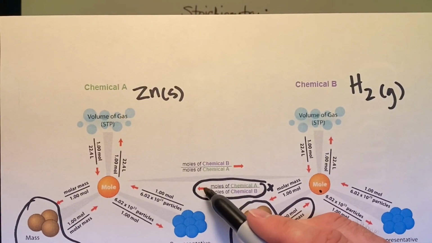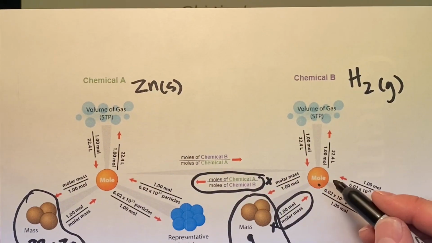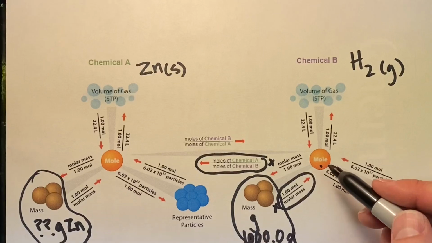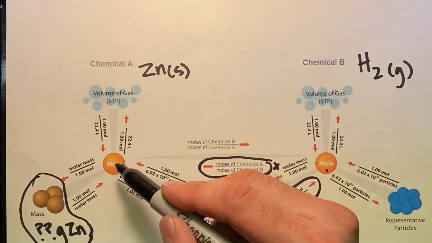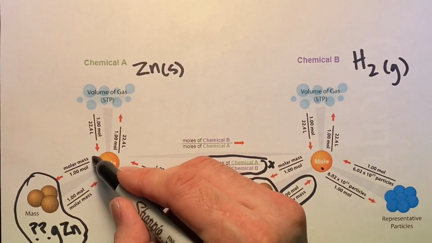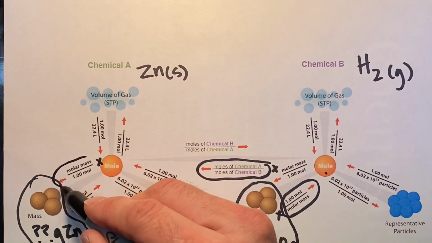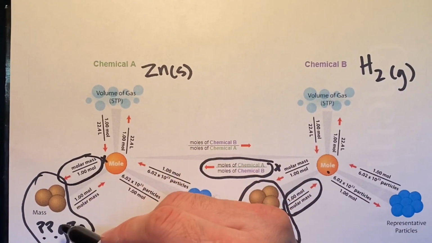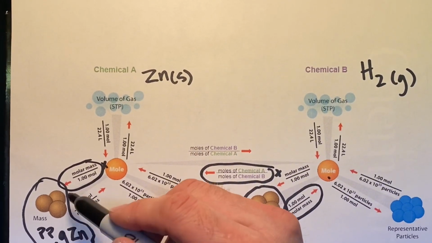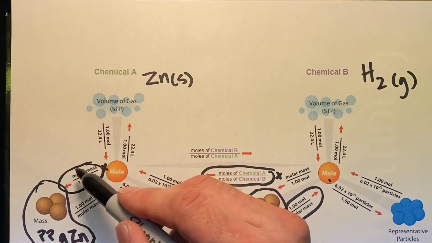I'm just following the red arrows to convert moles of hydrogen gas to moles of solid zinc. Then to convert moles of solid zinc to grams of solid zinc, we're going to multiply by this conversion ratio.